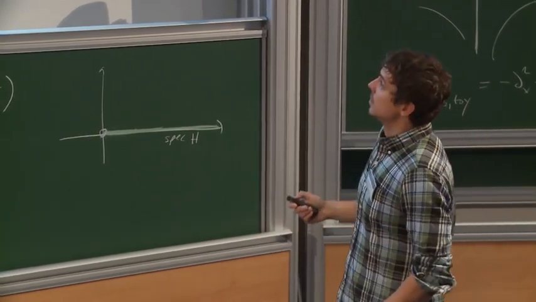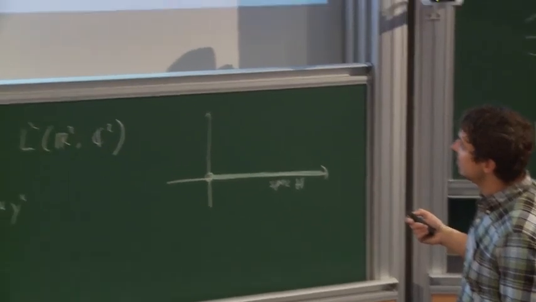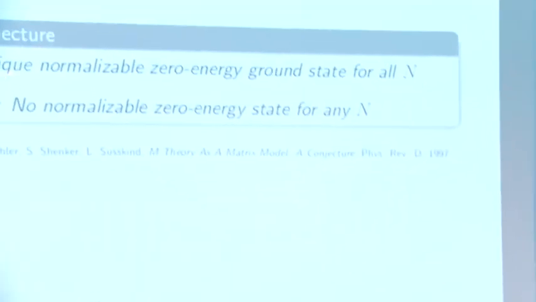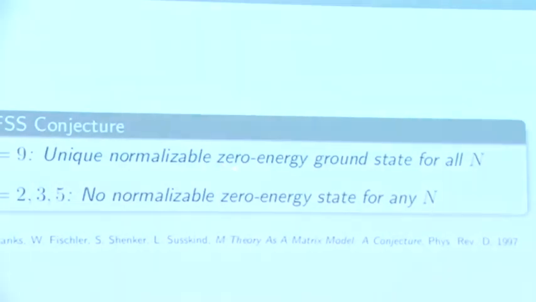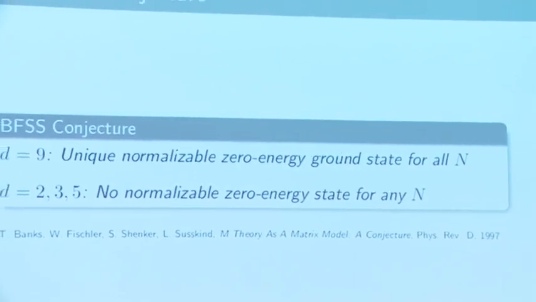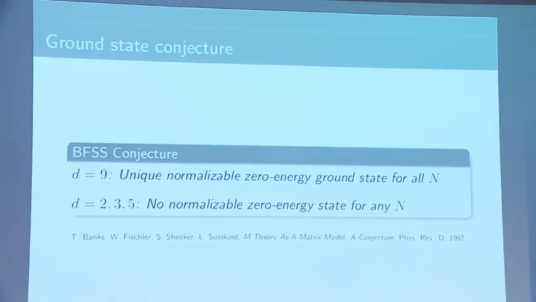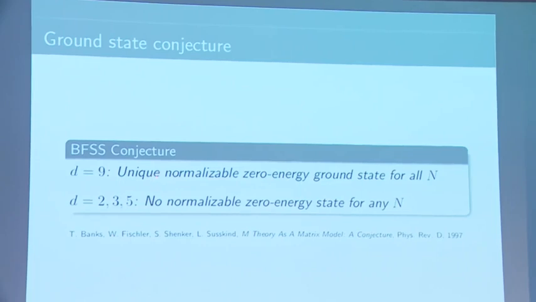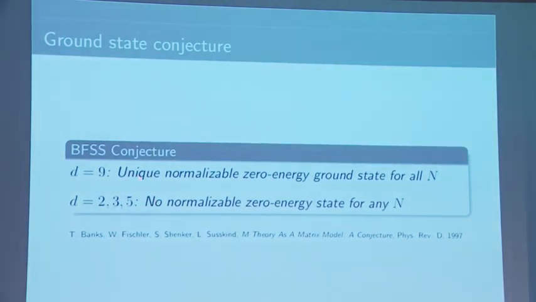So the conjecture was that in the highest dimensional case, there should be a normalizable zero energy ground state. So this point should be an eigenvalue, and also that there's a uniqueness there, so that there's only one such state. While in the lower dimensional models, there should be no normalizable zero energy state for any matrix size. And also this statement was for all matrix sizes.